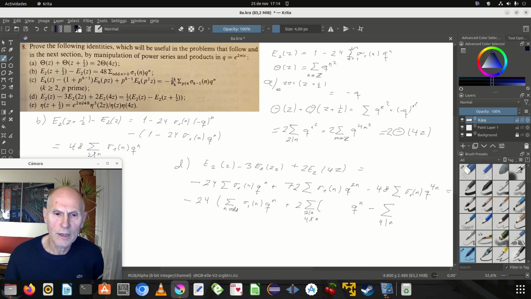From here we get 3 sigma 1 of n halves, and from here we get minus 3 sigma 1 of n halves minus sigma 1 of n.